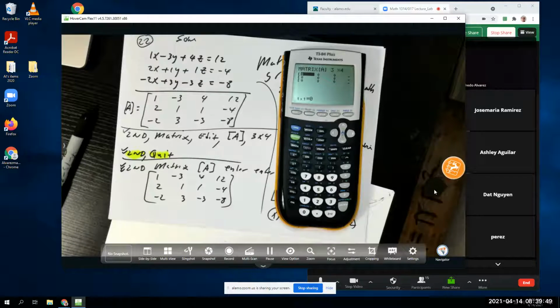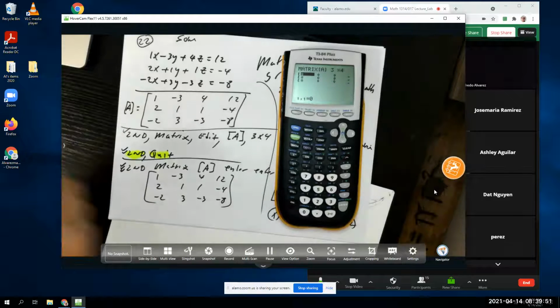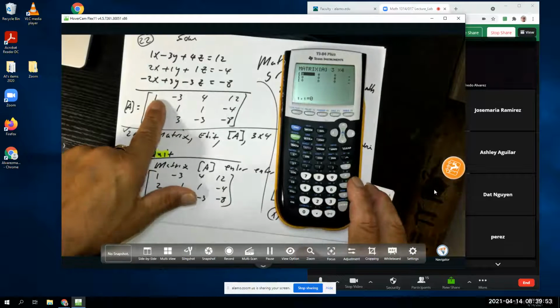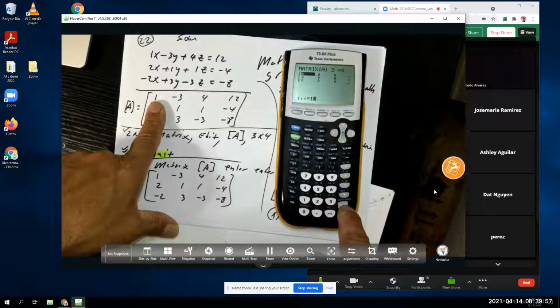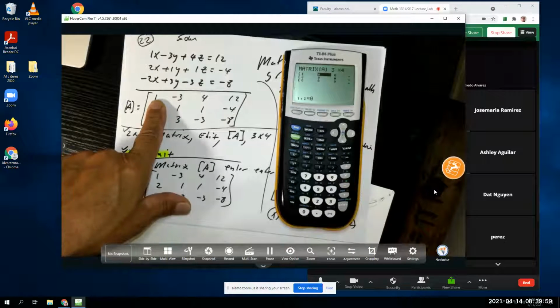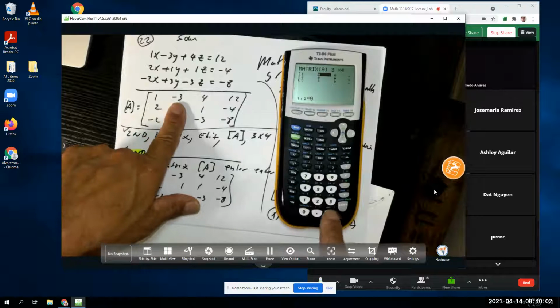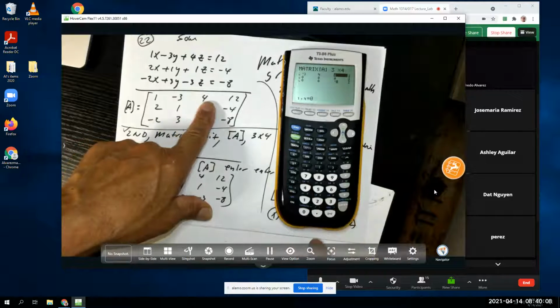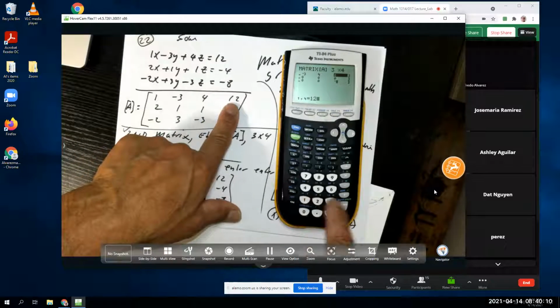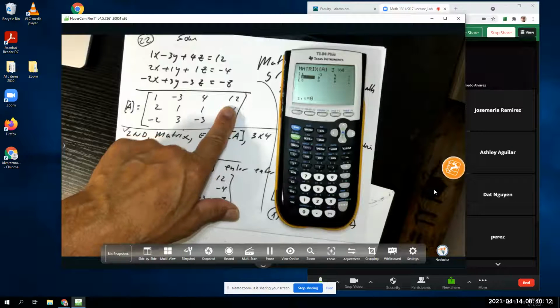All right, ready? I'm gonna try to do it on mine. So I'm gonna put 1, and hit enter. I'm gonna move it over. I'm gonna put -3 and hit enter. Then I'm gonna put 4 and hit enter. And I'm gonna put 12 and hit enter.